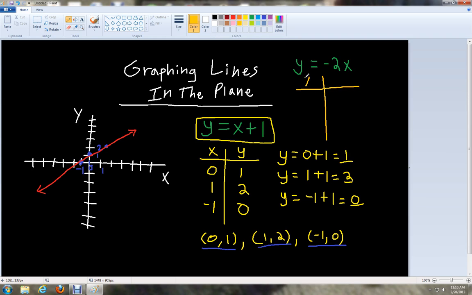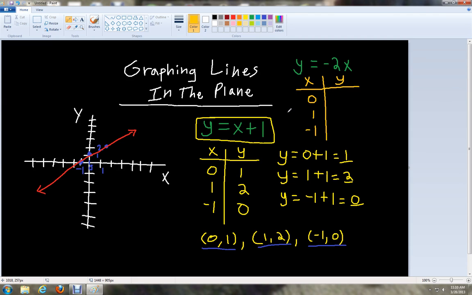We'll make our x and y table like we did before, and we'll plot the same values for x: 0, 1, negative 1.